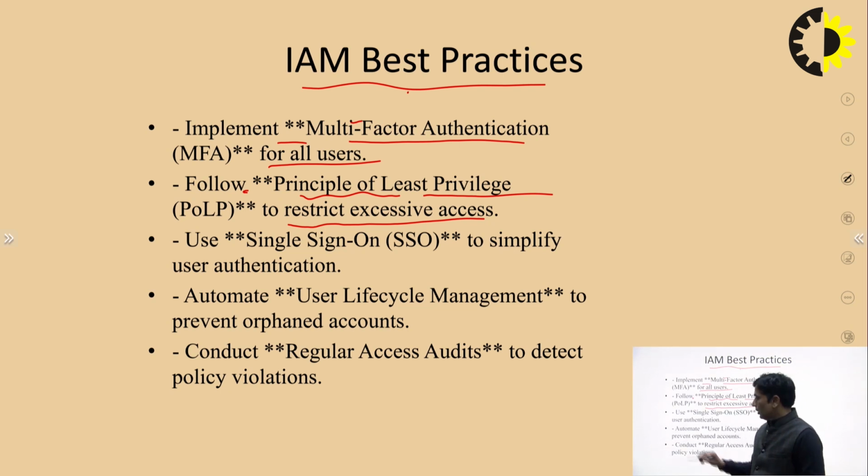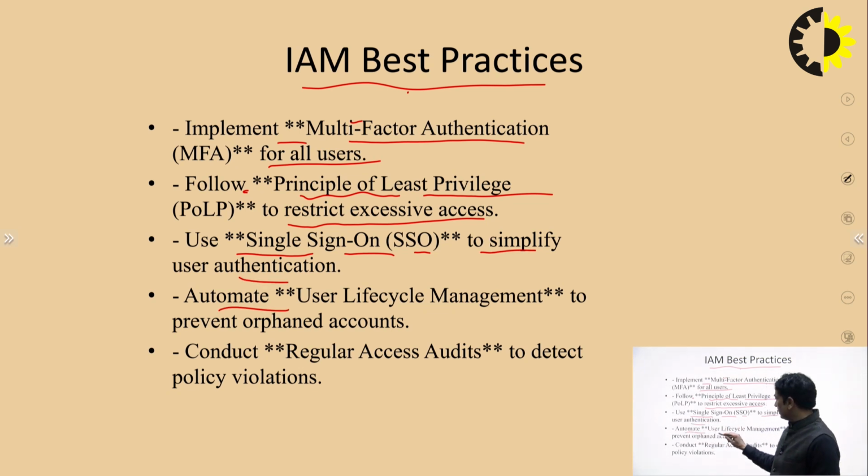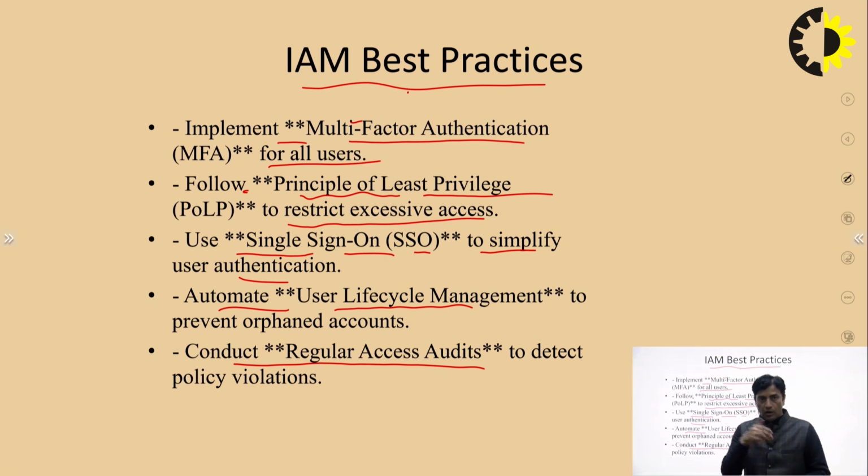Use single sign-on, SSO, to simplify user authentication. Automate user lifecycle management to prevent orphaned accounts. Conduct regular access audits to detect policy violations. There should be proper auditing of all the regular accounts so that any violation can be identified and resolved in time.